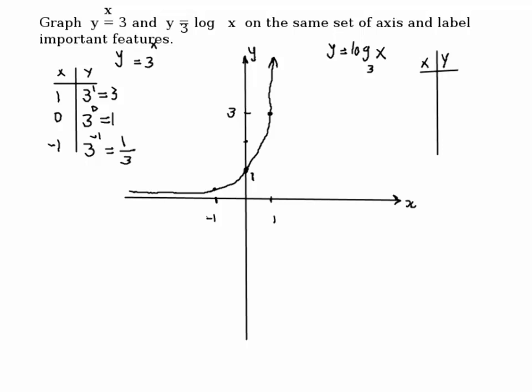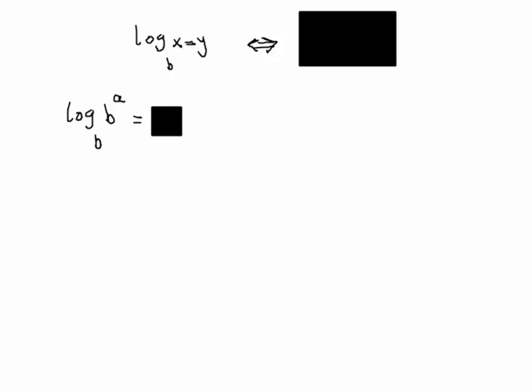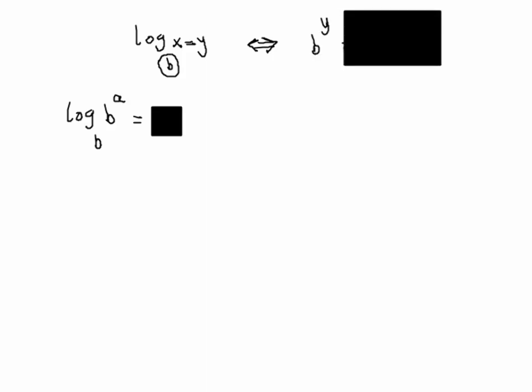To graph y is equal to log of x, let's take a look at some of the properties. If I have log of x equal to y, we need to know how to convert that into exponential. Anybody know how to do that? You take the base of the logarithm, raise it to the power of y, and let it equal to x.